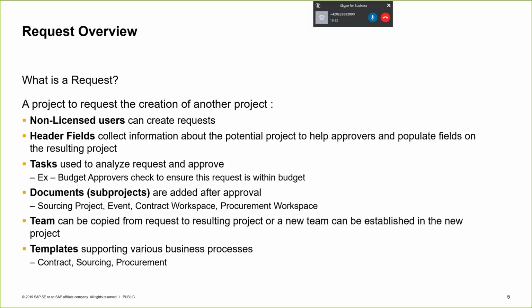So besides the tasks and documents, there's also the team. The team can be different in the request and in the follow-on project or workspace, or can be the same, because when we create the project or workspace based on the request, we can decide whether we want to copy the team members also, yes or no.